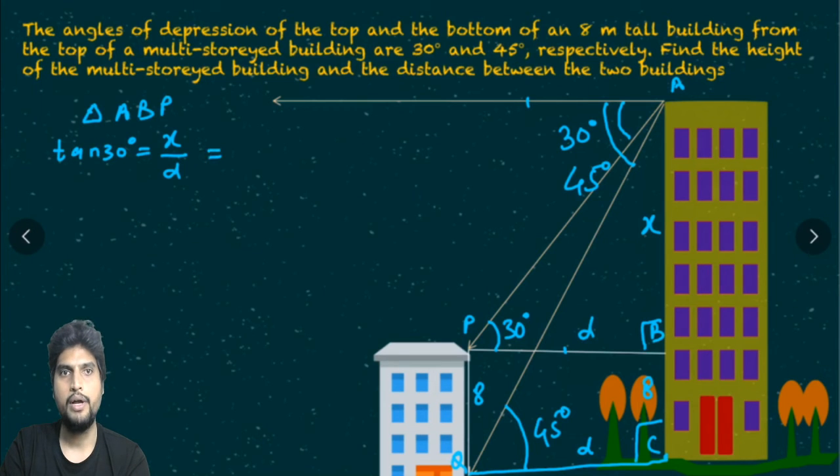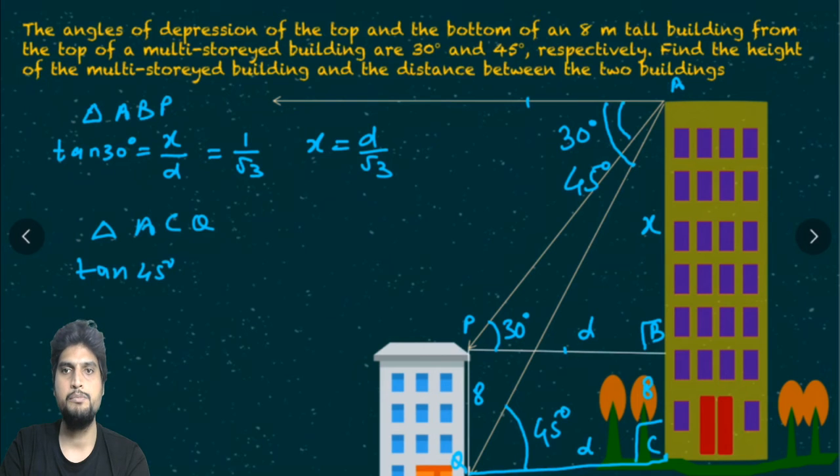So the value of tan 30 is 1 by root 3. So you can say X in terms of D as D upon root 3. Let's make another. In triangle ACQ, here tan 45 degree angle is being used.